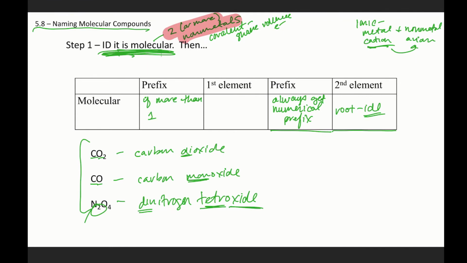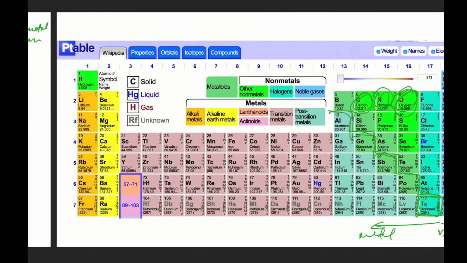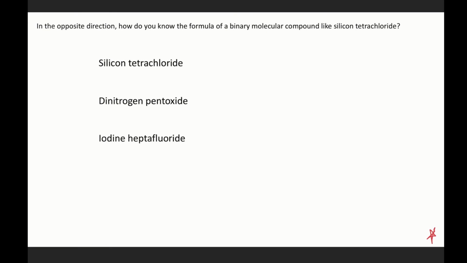So the first element gets a numerical prefix if there's more than one, and then here we just use the whole name of that first element. So in terms of what differentiates these names, you might wonder, how do you figure out the formula if there's not some charges? But that's why these are so easy.